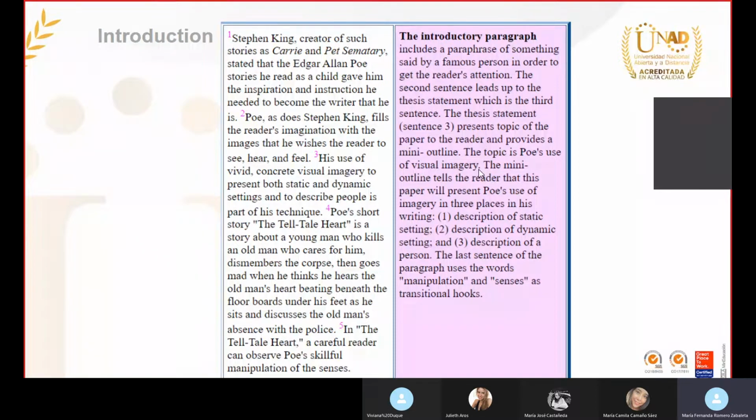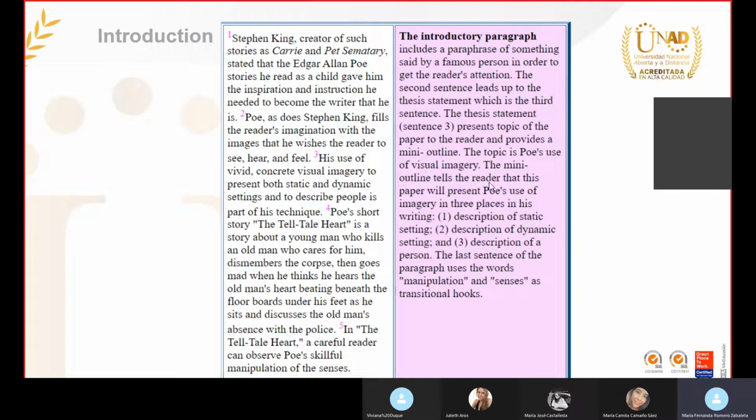And the mini outline: he not only presents the topic here, because it says it fills the reader's imagination with the images he uses, but he also gives a mini outline in the third sentence that becomes the thesis statement, because it provides a guide into the text, what you're going to find, what we are going to talk about, what you are going to see here.